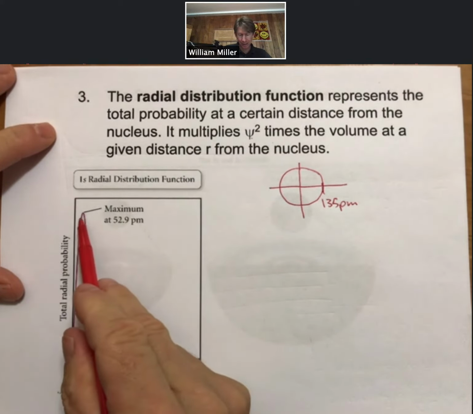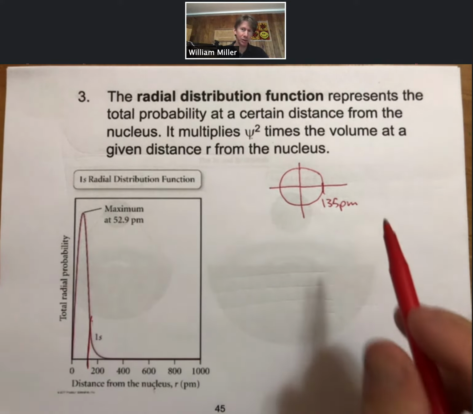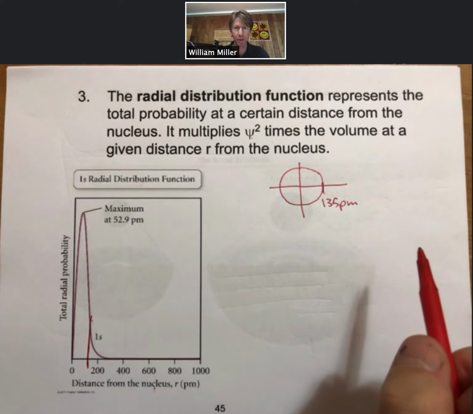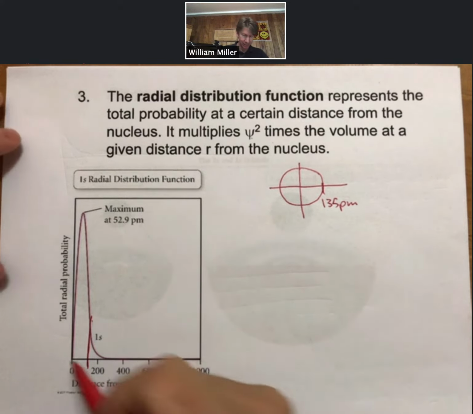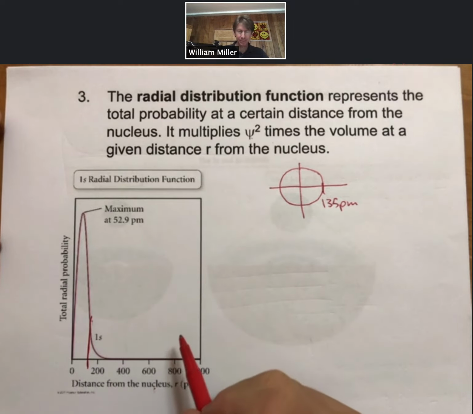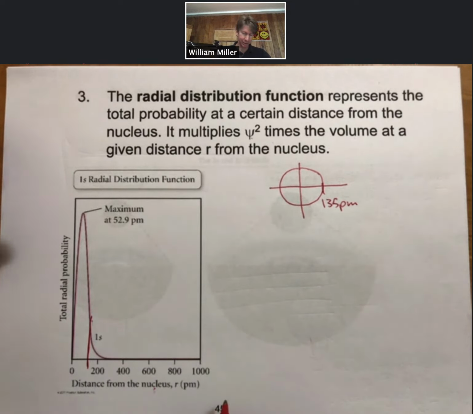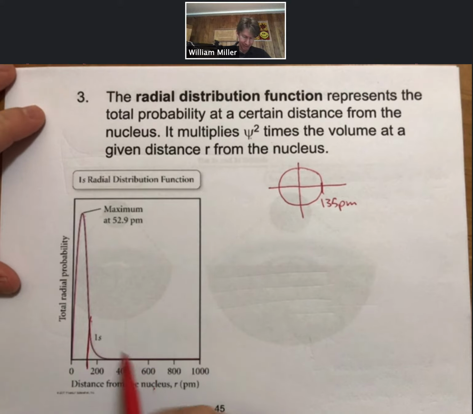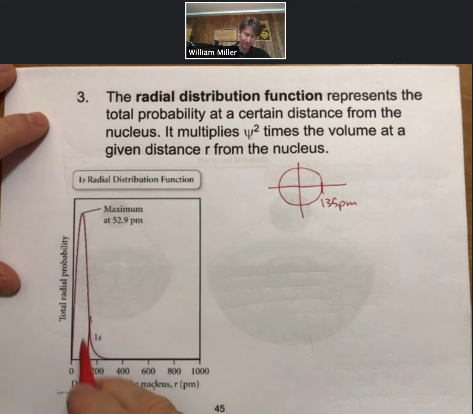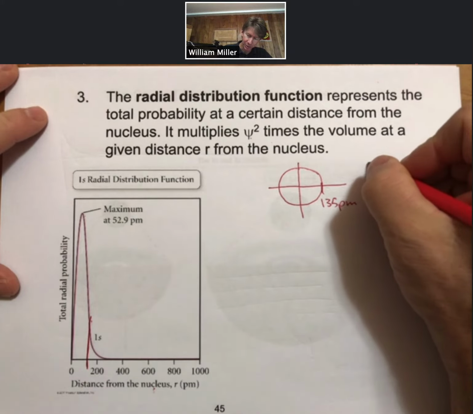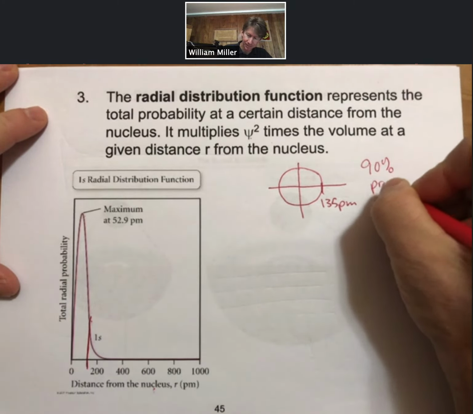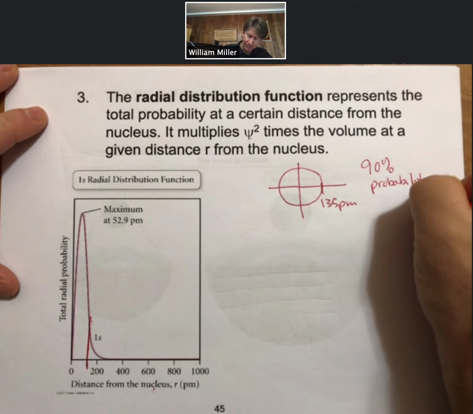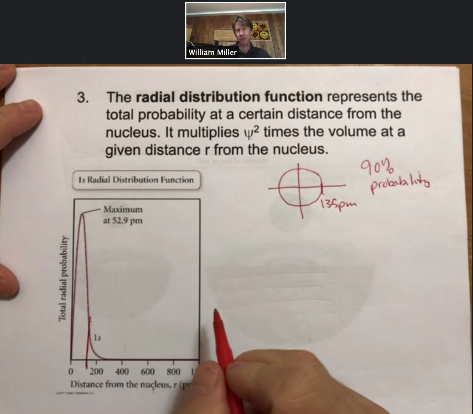And within that, there's a maximum probability of finding, and actually this shape looks pretty familiar to us if you remember the Boltzmann distributions for a gas. Goes up, comes back down, and there are similar mathematical functions. Anyway, there's a maximum probability of finding the electron at 52.9 picometers. Then the edge of the orbital, in which we have 90% probability, is approximately 135 picometers.